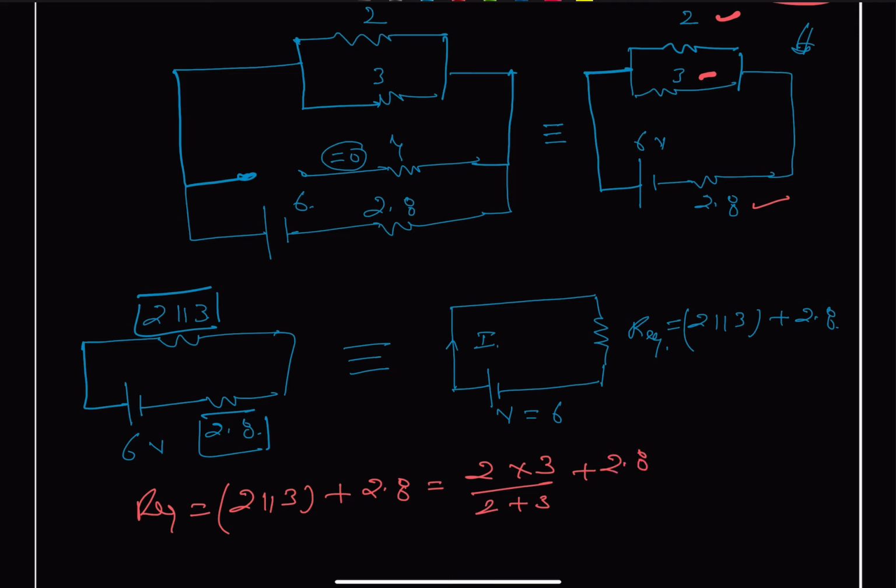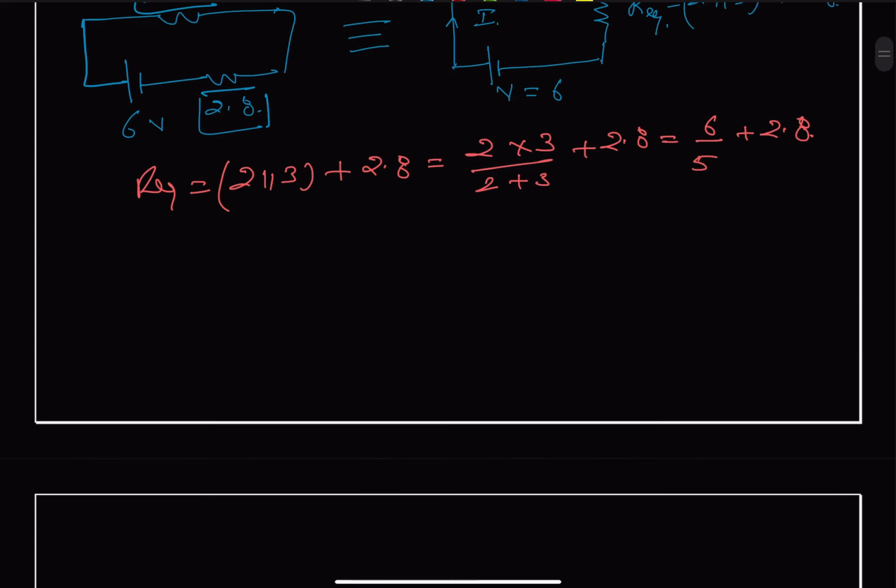This comes as 6 by 5 plus 2.8, and this will be 1.2 plus 2.8, and that will be approximately equal to 4 ohm. Therefore our R equivalent will be equal to 4 ohm.